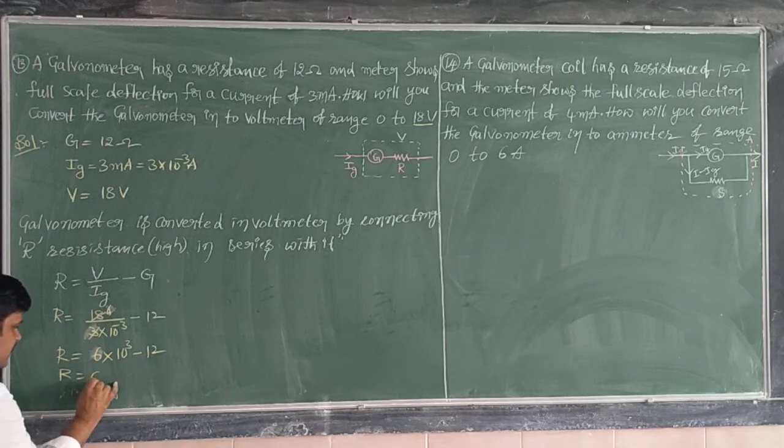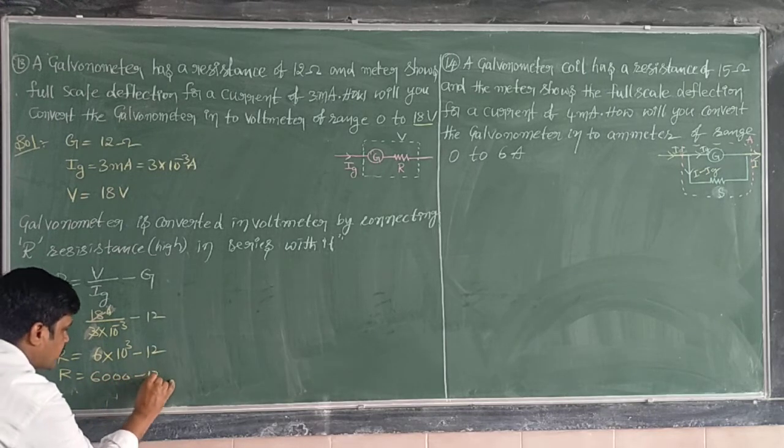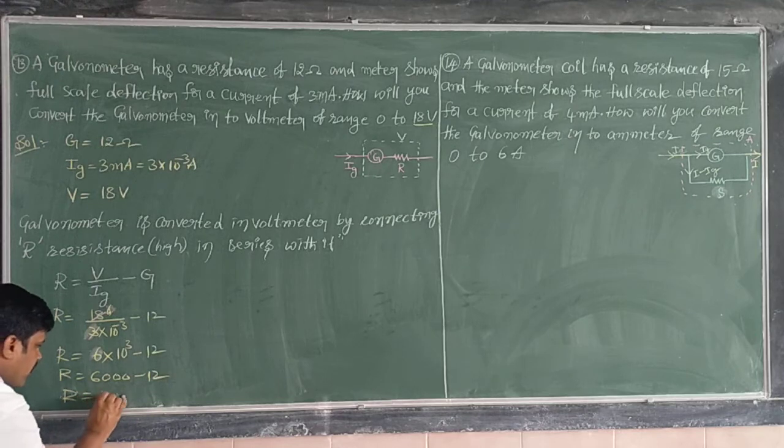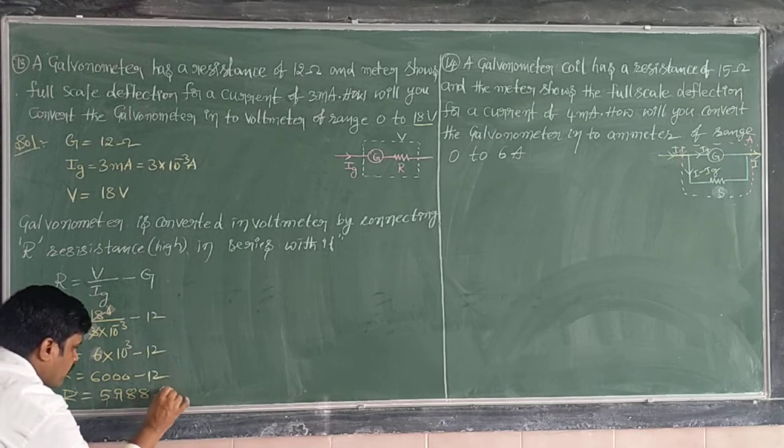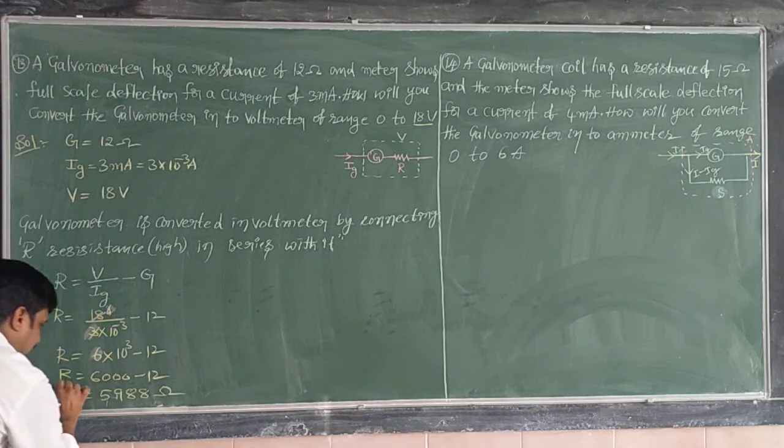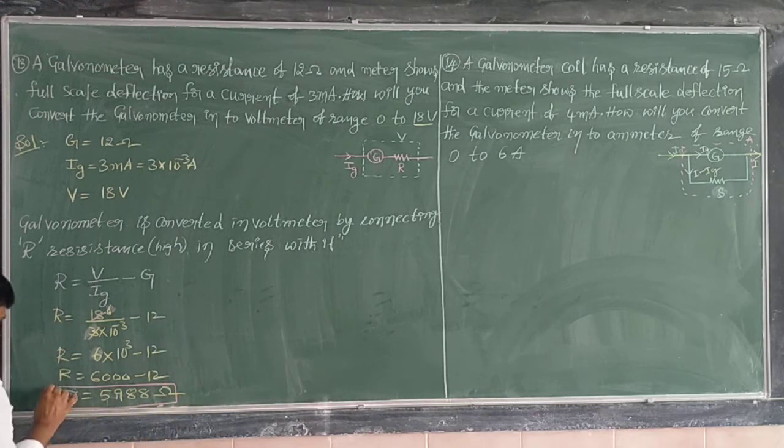So this one is 6000 minus 12. R equals 5988 ohms. By connecting 5988 ohms in series with the galvanometer, the given galvanometer is converted into a voltmeter with a range of 0 to 18 volts.